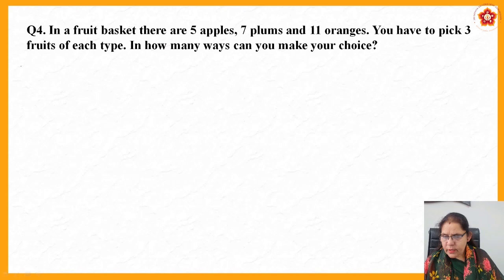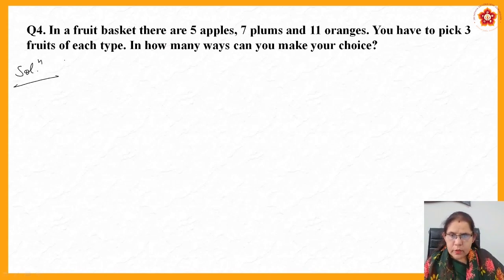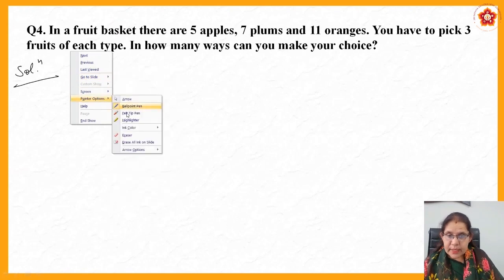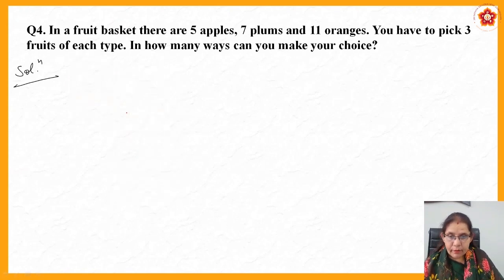Next, let us look at this question. There is a fruit basket in which there are 5 apples, 7 plums and 11 oranges. And we have to pick 3 fruits of each type. How many choices can we have? Now it is quite simple. It is very clearly said that we have to pick 3 fruits of each type.